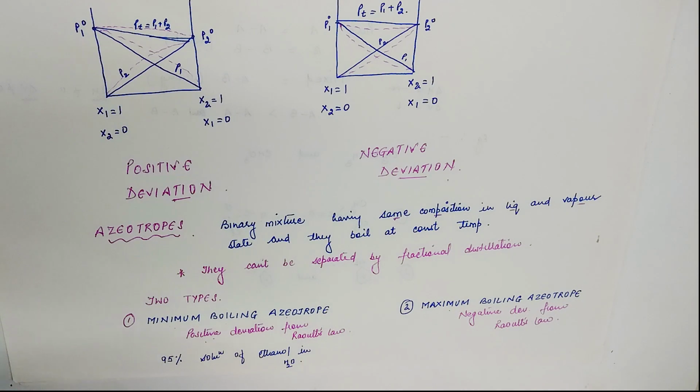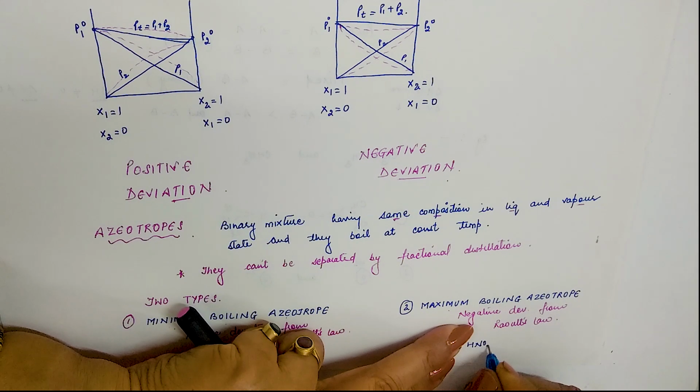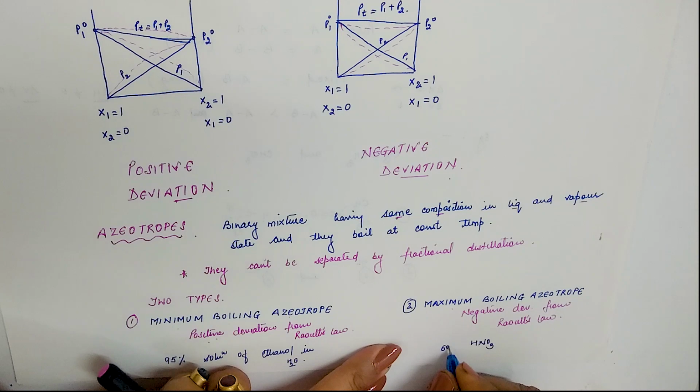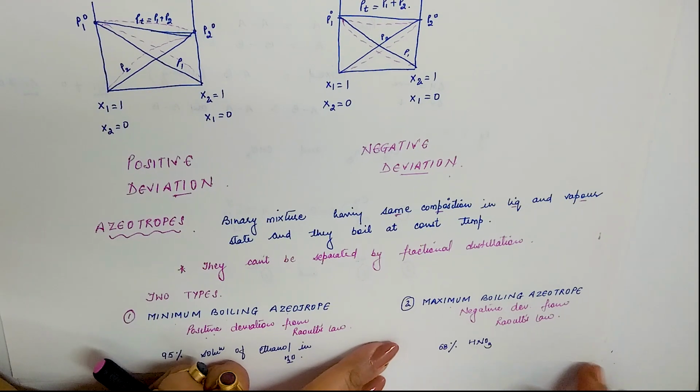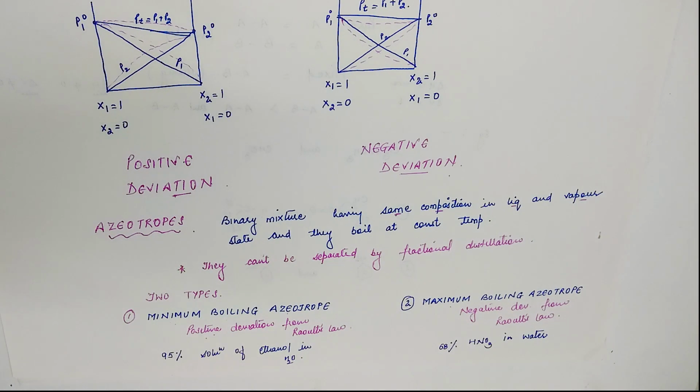Now here children, the example which I am giving is 68% solution of HNO3 in water. Okay, you just see, 68% nitric acid solution in water. Water is 32% and HNO3 is 68%.